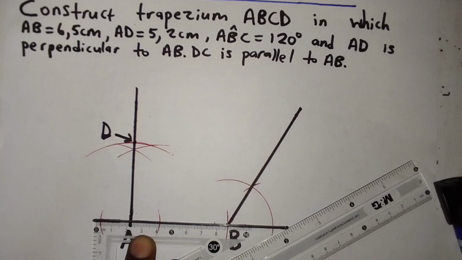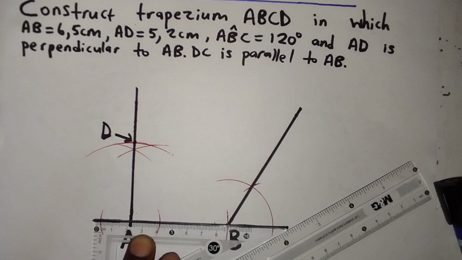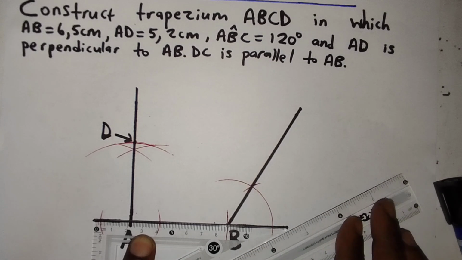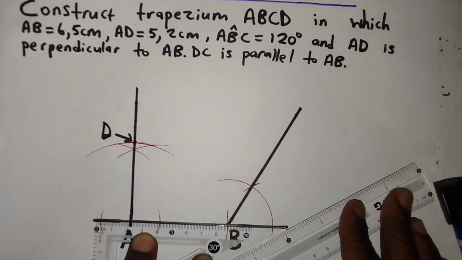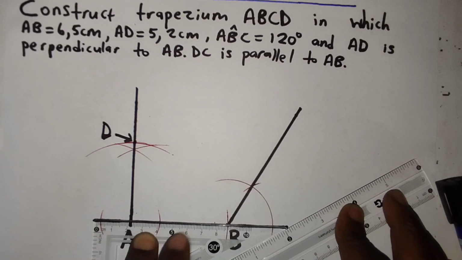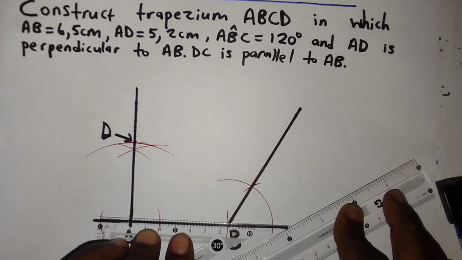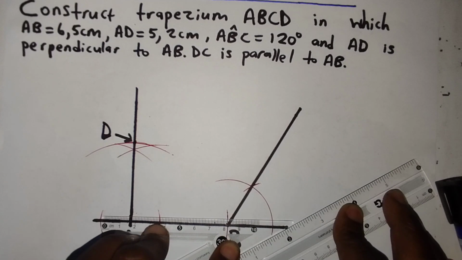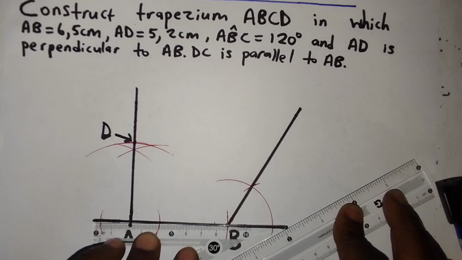With one edge of the set square along AB, as you can see, and the inclined edge of the set square lying along my ruler, I will slide the set square along the ruler starting from AB.